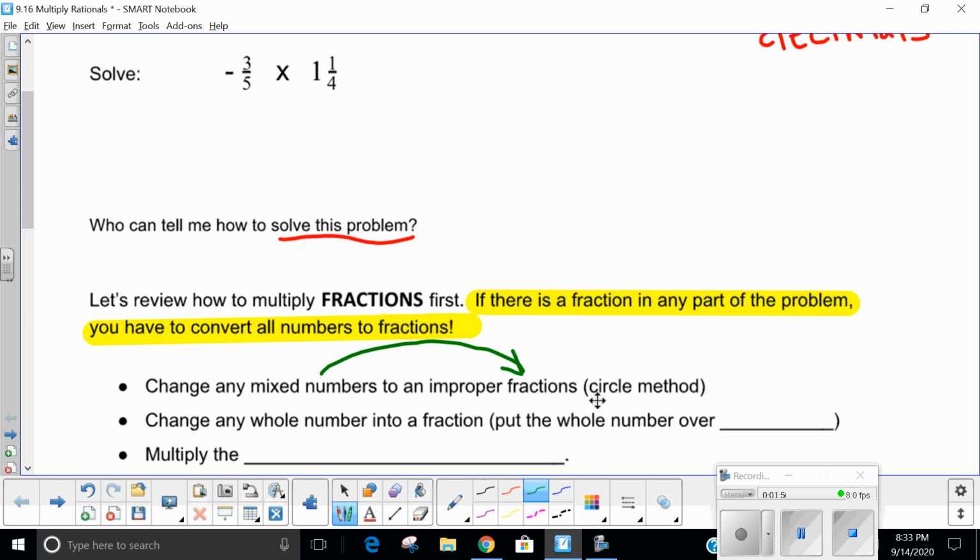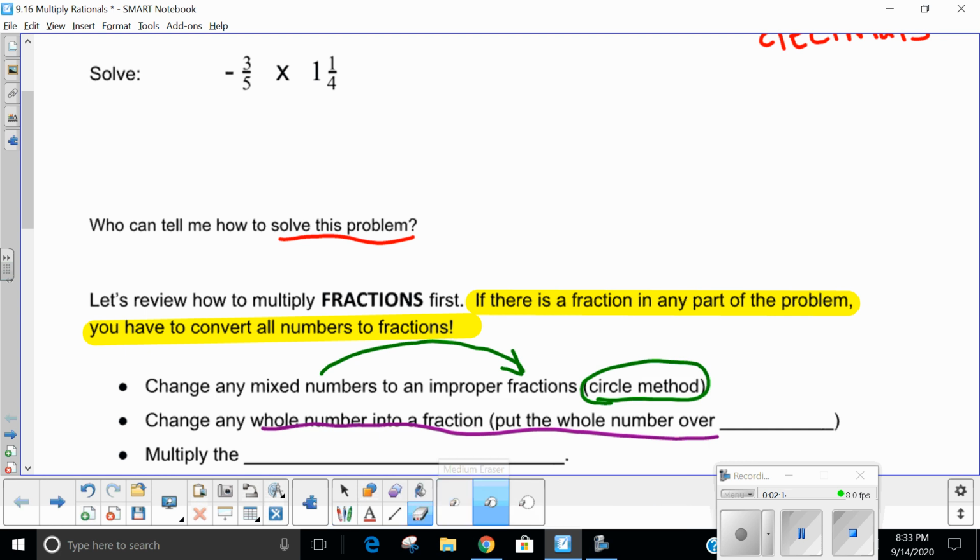And we learned how to do that the day before yesterday with the circle method. And then the second thing we want to do is change any whole numbers into a fraction by just putting the whole number over the number 1.